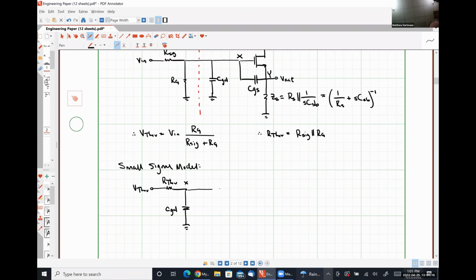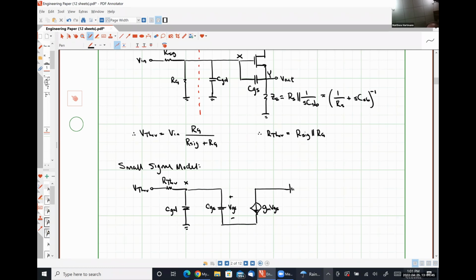All right, so now I'm moving over to the right for the gate portion of my transistor. So I'm going to have my capacitor CGS over which a voltage drop VGS occurs. I'm going to have my current source gm VGS.